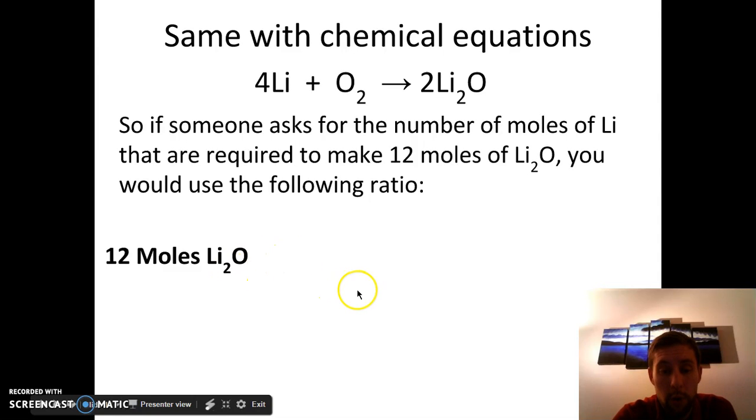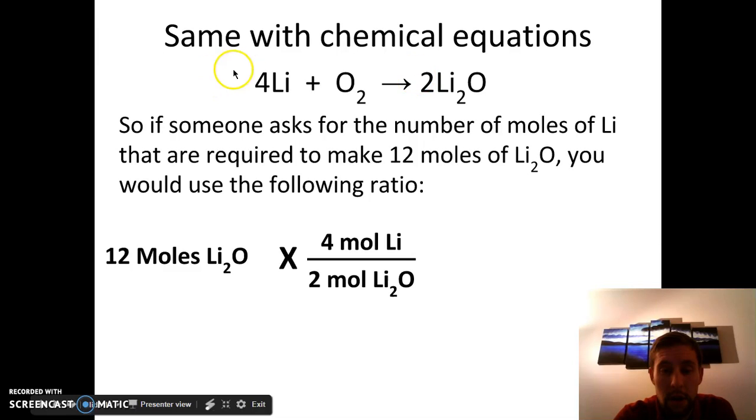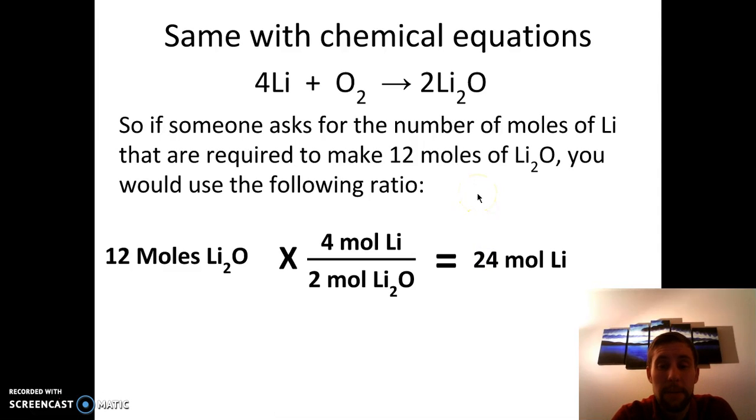We're going to need to cancel moles of lithium oxide down here and go to moles of lithium on top. Those numbers will come with their coefficients for their ratio. Right? 2 moles of lithium oxide because there's a 2 in front of lithium oxide in the balanced equation. 4 moles of lithium because 4 is the coefficient of lithium. That gets us a total of 24 moles of lithium needed to make 12 moles of lithium oxide.